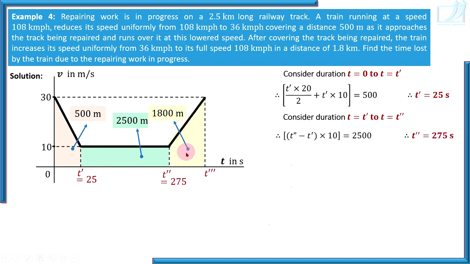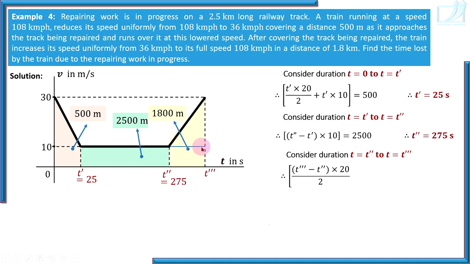It is again rectangle plus triangle. So consider the duration T double dash to T triple dash. And what is the area? Watch here. It is rectangle plus triangle. So the base is T triple dash minus T double dash. That value of T double dash is 275.